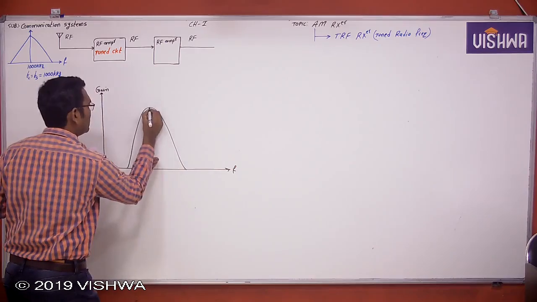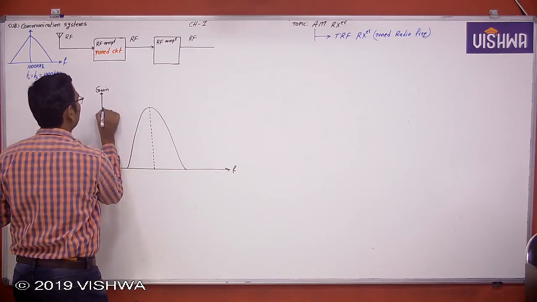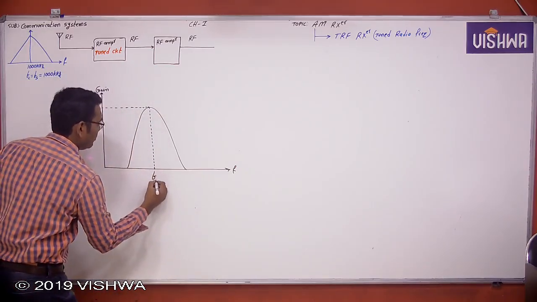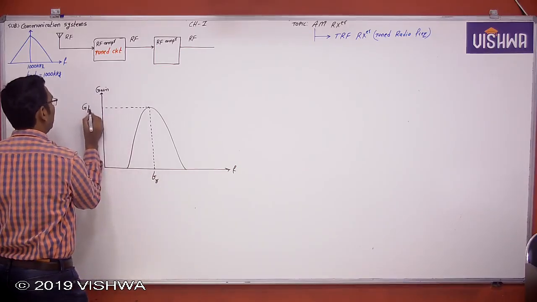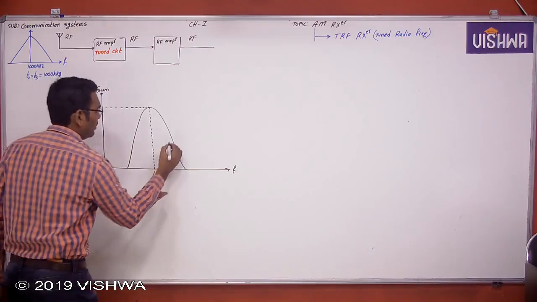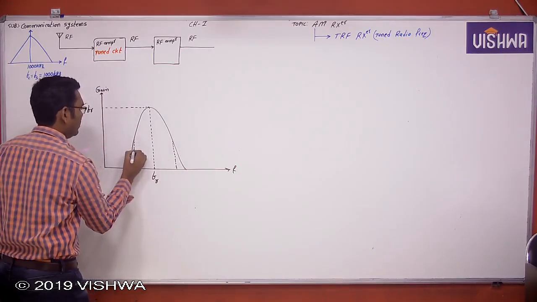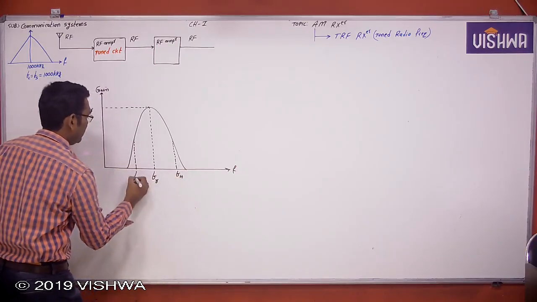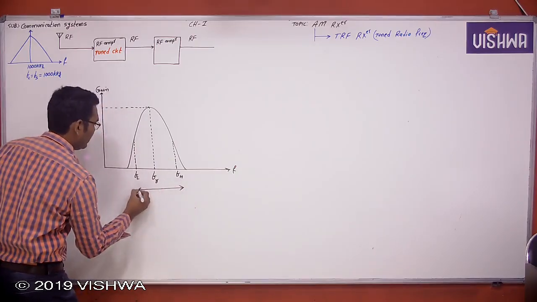This is the resonant frequency, Fr or Fs. This is the gain at Fr. This is the upper cutoff frequency and lower cutoff frequency, FH and FL. This is the bandwidth or pass band.